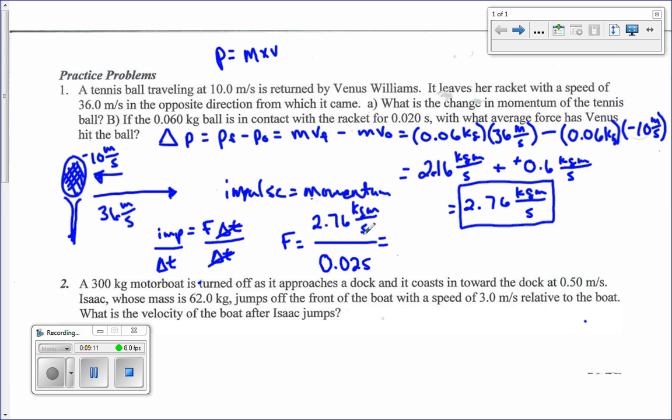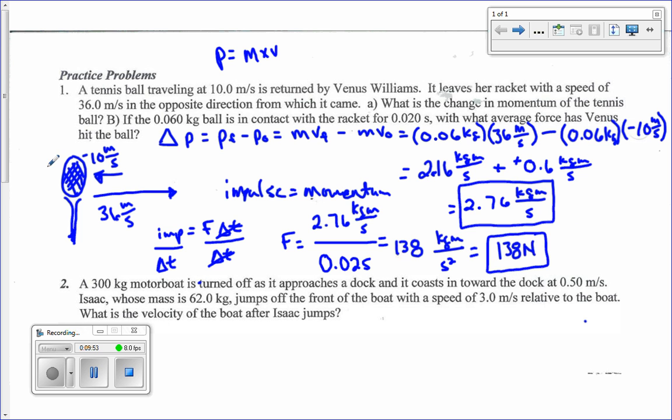They combine together in the denominator. So we'll end up with kilogram meters over seconds squared. 2.76 divided by 0.02, and you get 138. What is a kilogram meter per second squared? A newton. So we get 138 newtons. And what were we looking for? What variable? Force. So it's a good thing we got newtons.